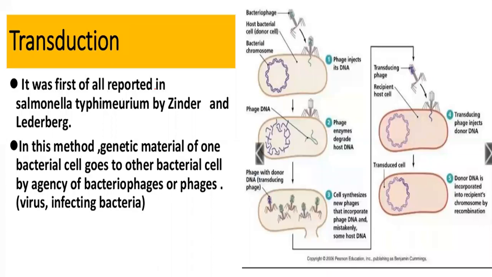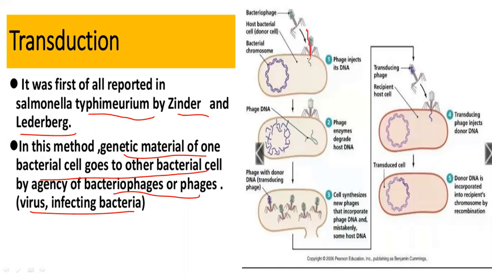Now we will see the transduction process. It is the transfer of genetic material from one bacterium to another through a third party. It was first reported in Salmonella typhimurium by Zinder and Lederberg. In this, the genetic material of one bacterial cell goes to another bacterial cell by the agency of bacteriophages, or phages, which are viruses that infect bacteria.